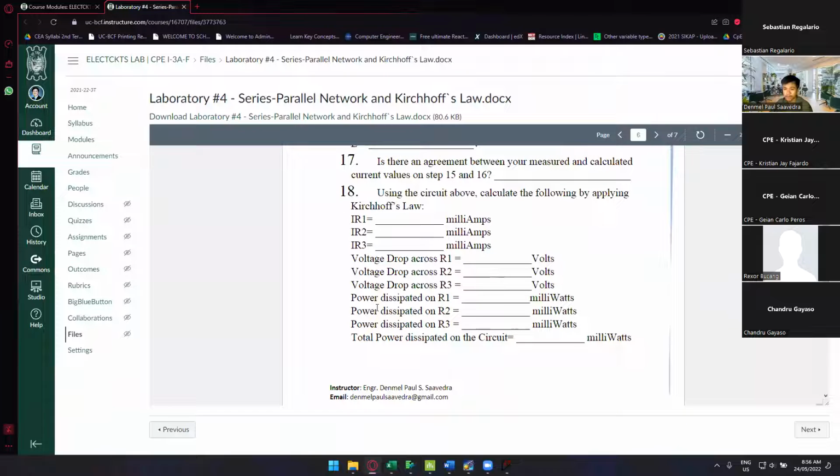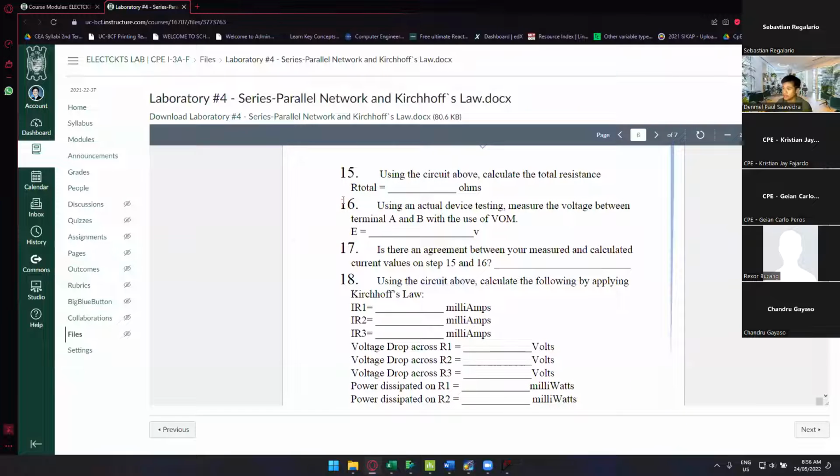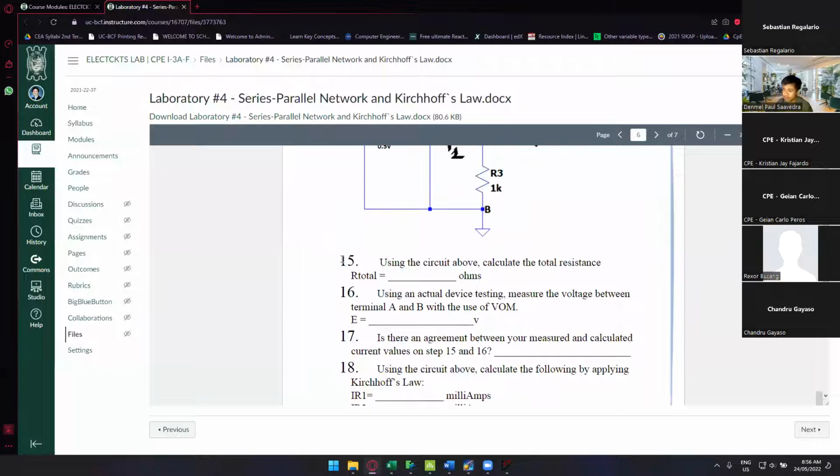For those who are already done with part B up to number 16, that's already it for lab number 4. So you guys are already done with the actual device testing.